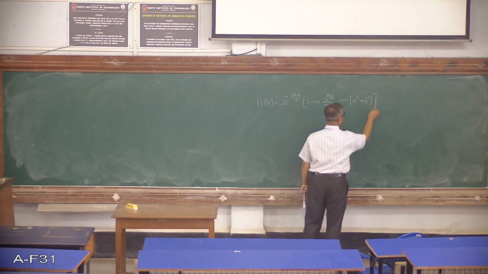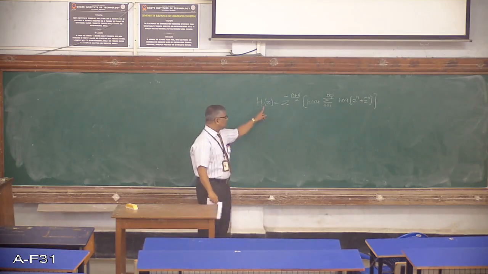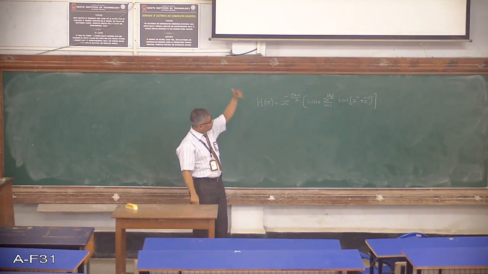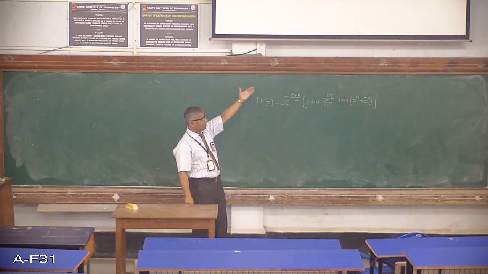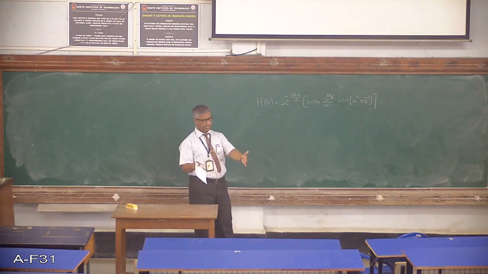This is the expression for the system transfer function once you evaluate the impulse response of the FIR filter. So this equation has to be used only if you are using a two-sided window.